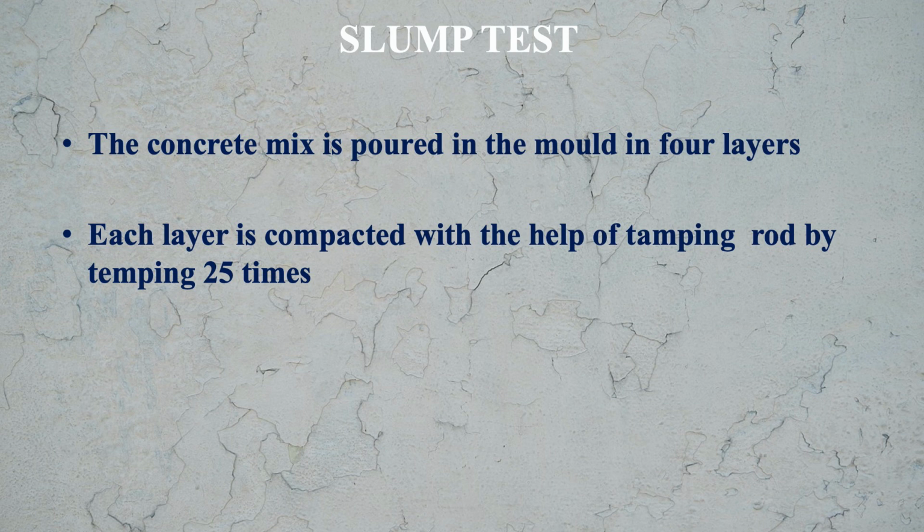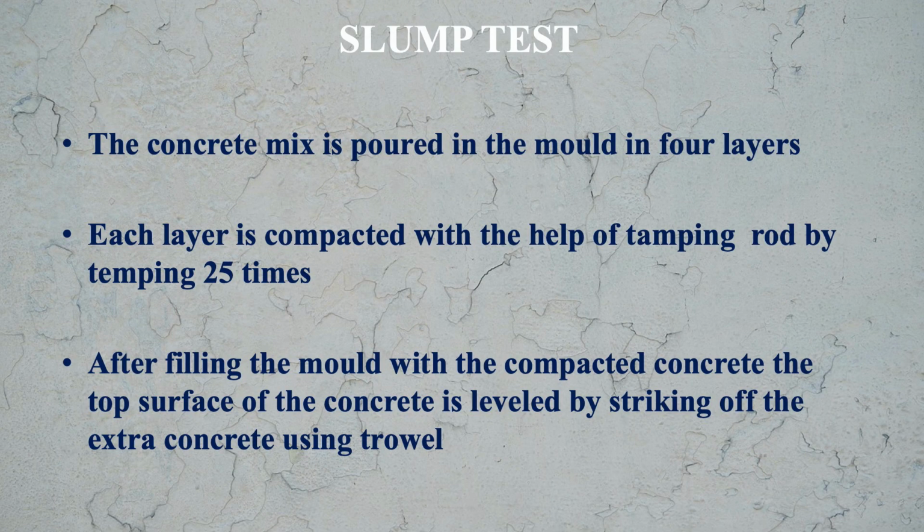Then in each layer, the concrete is compacted with the help of tamping rod by tamping 25 times. Means each layer you will fill, then you will use the tamping rod to tamp it 25 times to compact.